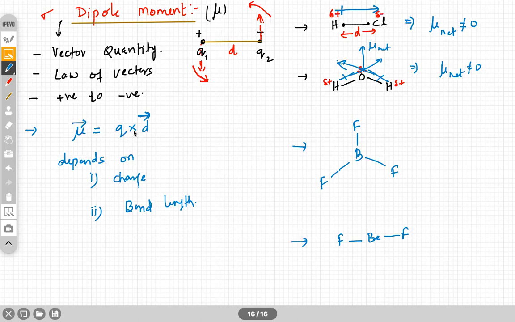No, no, no. See, since we're talking about the bond length, the charge will be the same, plus and minus, because it is separation of electrons. We don't have difference in charge.